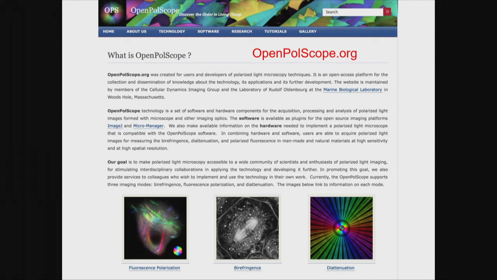First Caliper bought CRI, and then Caliper was bought by PerkinElmer, and it became very difficult to work with them. In fact, they have dropped the product, but I think people are still interested in this technology, and so we have created this OpenPolScope resource at MBL. We are in principle ready to support anybody with this technology.